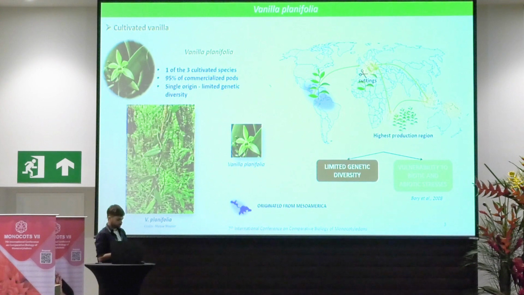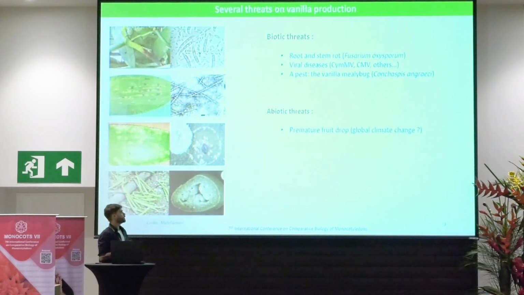And this is illustrated by the fact that planifolia, as well as other vanilla species, are subject to many fungal and viral diseases, such as the fusariosis, also called root and stem rot, that is caused by a fungus named Fusarium oxysporum, and which is one, if not the most devastating disease for vanilla cultures around the world.